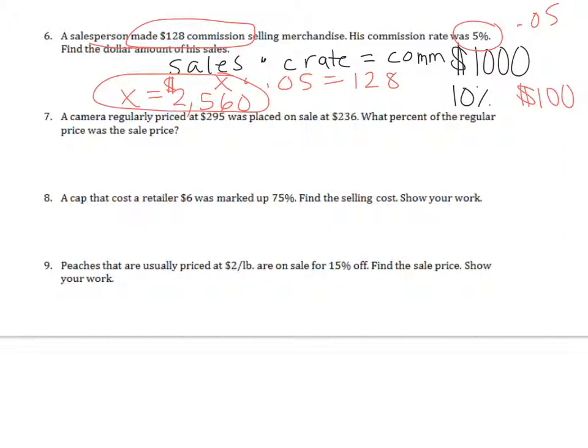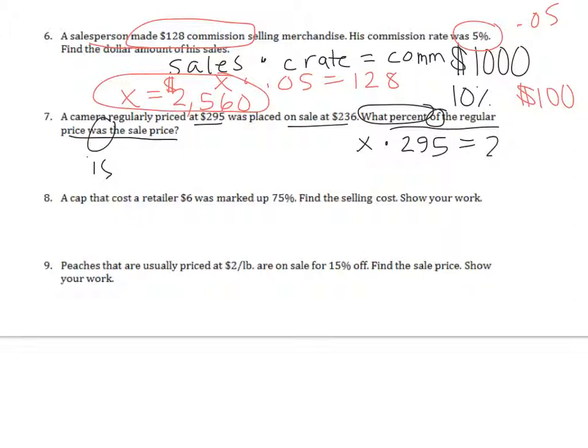Number 7. A camera regularly priced at $295 was placed on sale at $236. What percent of the regular price was the sale price? I'm going to break this down. What percent x times the regular price, which was $295, equals, was is the same thing as is, the sale price, which is $236.